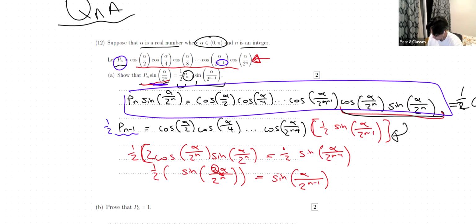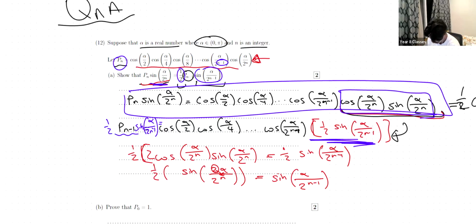So where it differs is I have this extra term here from my right-hand side, like the half and then the sine alpha on 2n minus 1. And on the left-hand side, I have this extra cos alpha on 2n, sine alpha on 2n. But before that, everything from cos alpha on 2, cos alpha on 4, all the way up to cos alpha on 2n minus 1 is the same between both of my sides.